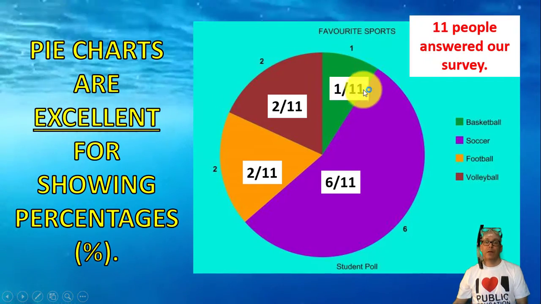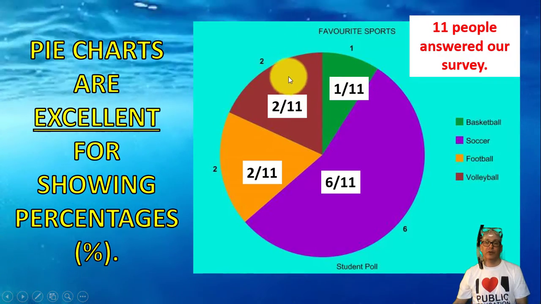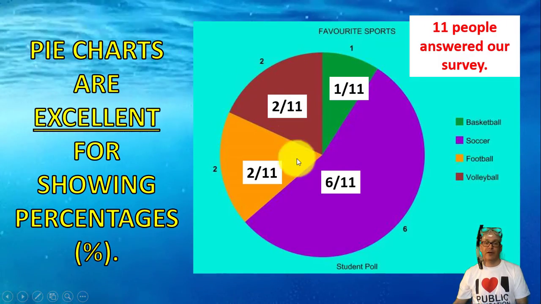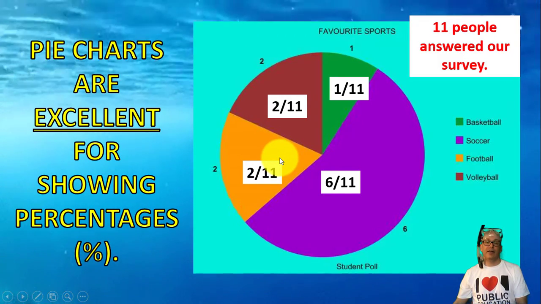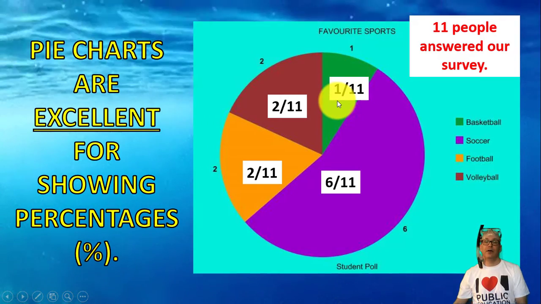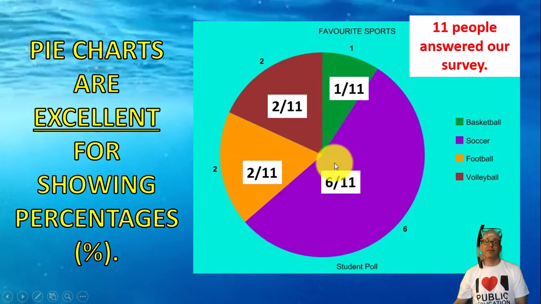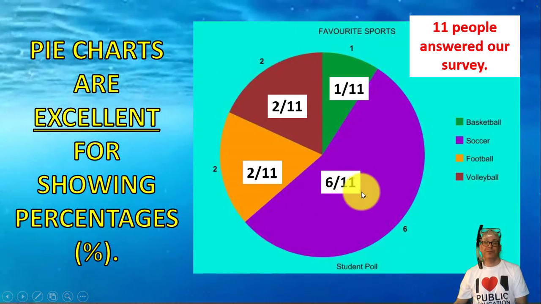So 2 out of the 11 people said volleyball was their favorite. 2 out of the 11 said that football was their favorite. 1 out of 11 said that basketball was his favorite. And 6 out of 11 said soccer was their favorite.